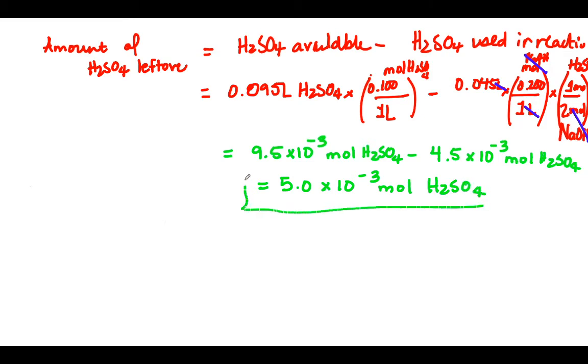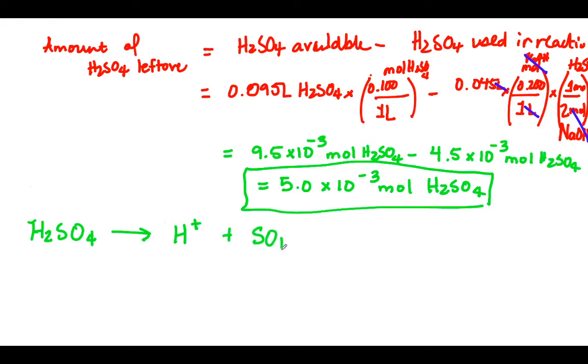So if I have this many moles of H2SO4 left over, I can find the pH by finding the pH of this many moles of H2SO4 in that particular solution. So remember that H2SO4 is a strong acid. And here's why, in all of the reactions that you're going to see, you're going to have a strong acid, right? We know that a strong acid ionizes completely to form H plus and SO4 2 minus.